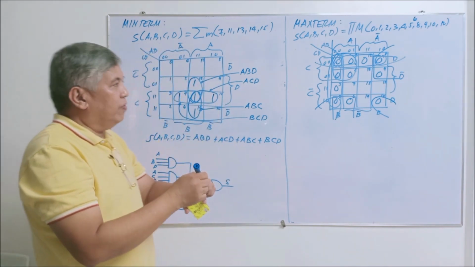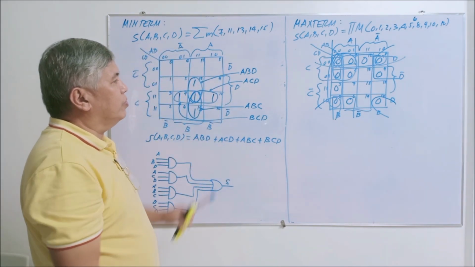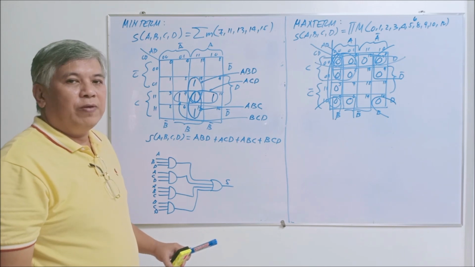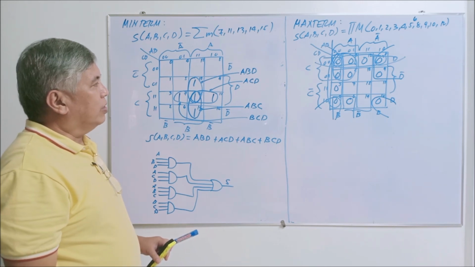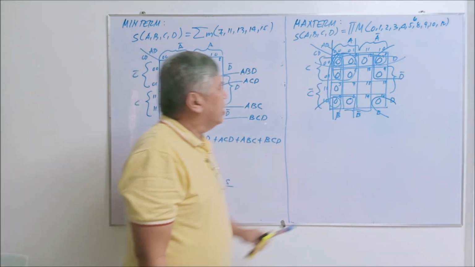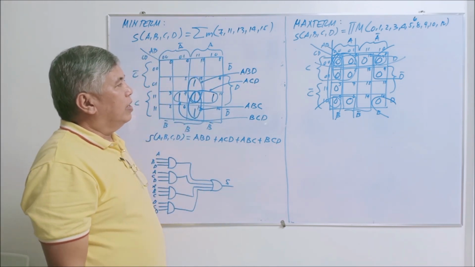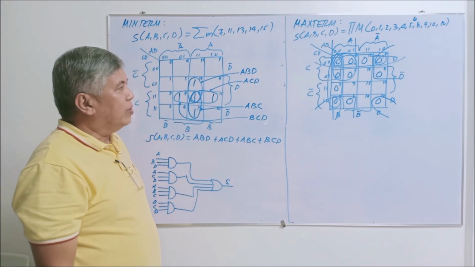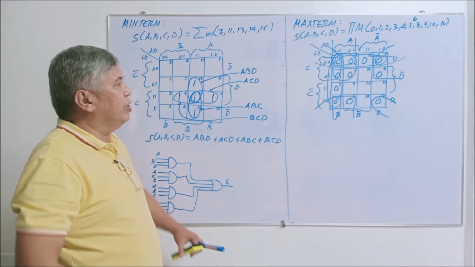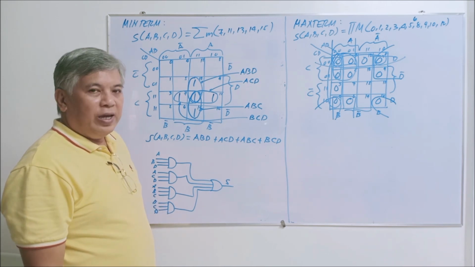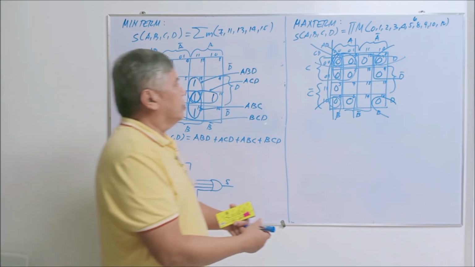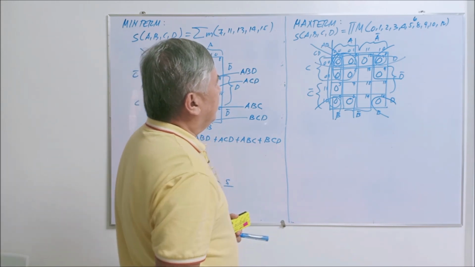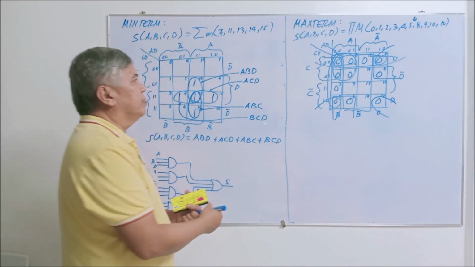So I hope that you can follow so that you will be able to determine the simplified logical circuit. So everything here are already grouped. All cells are already grouped, so no need to group again the cells. So let's find the logical equation.